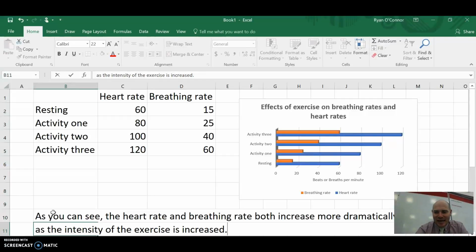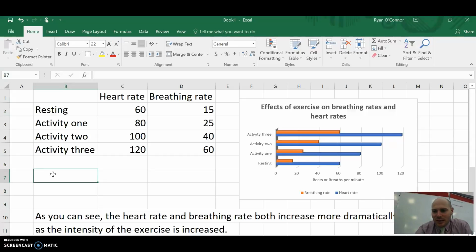If you're chasing an A in regards to your analysis, you're going to want to provide a greater analysis, doing a bit of maths and things like that. So I might look at something and go, righto, I went from 60 to 80. To calculate percentage change, I do change divided by original times 100.